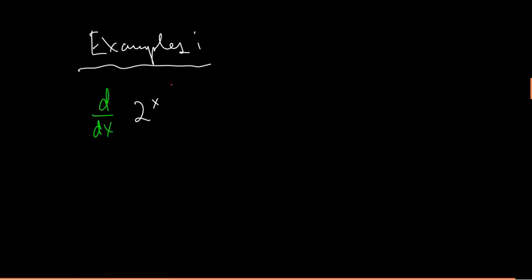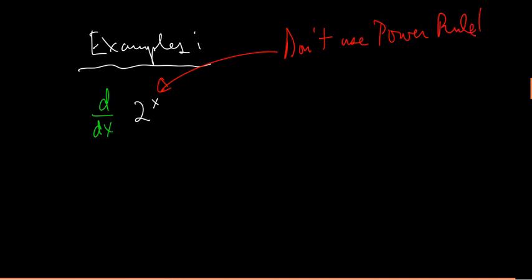Let me make a note here. Don't use power rule. So it's really simple. The derivative of that function is 2 to the x times ln 2. Done.